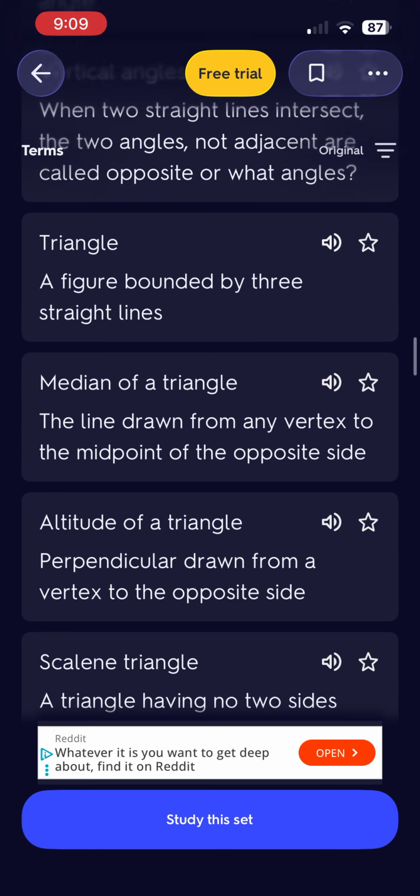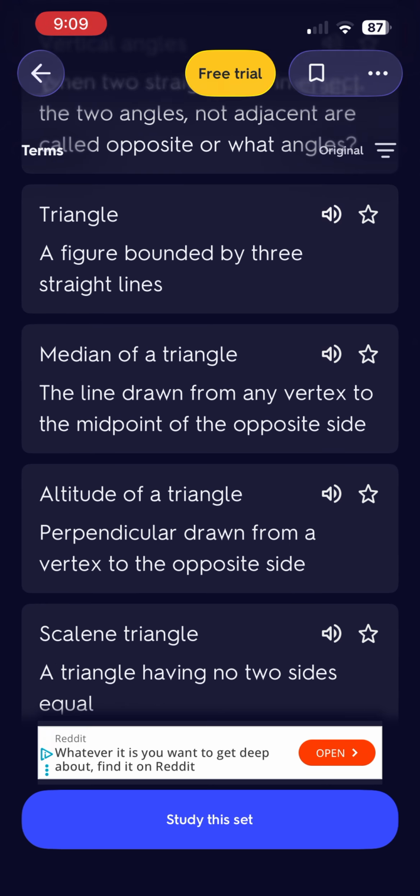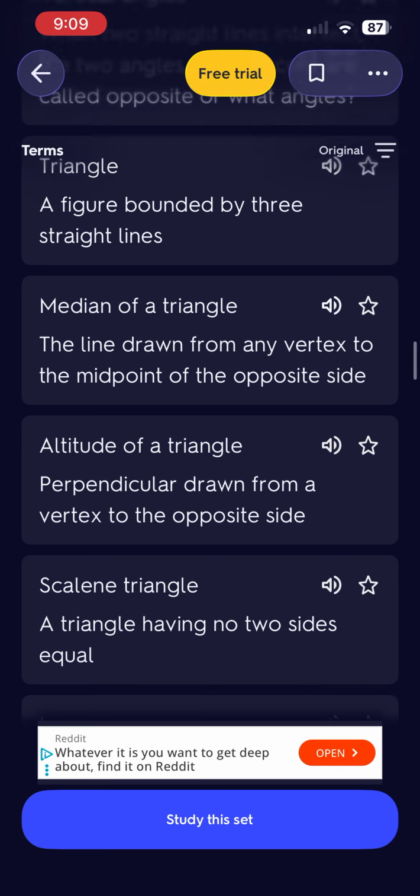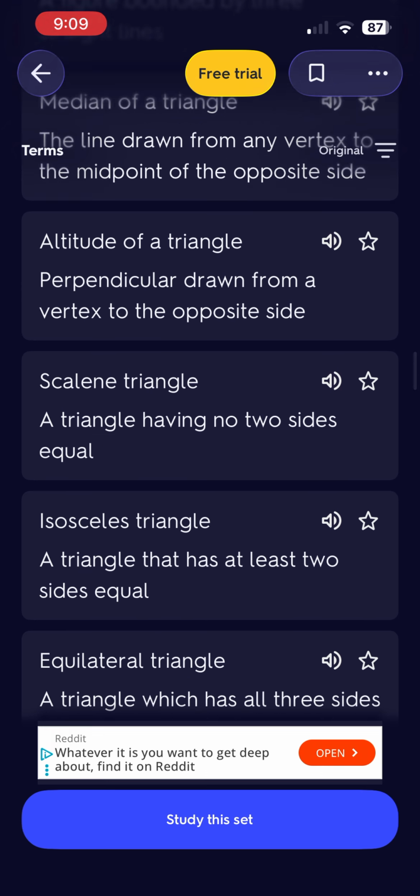Triangle. A figure bounded by 3 straight lines. Median of a triangle. The line drawn from any vertex to the midpoint of the opposite side. Altitude of a triangle. Perpendicular drawn from a vertex to the opposite side.